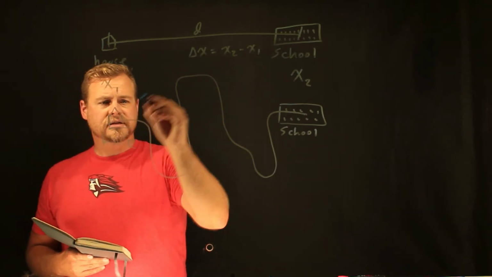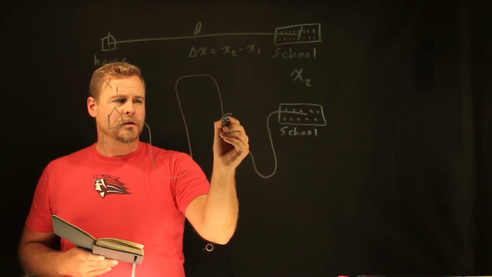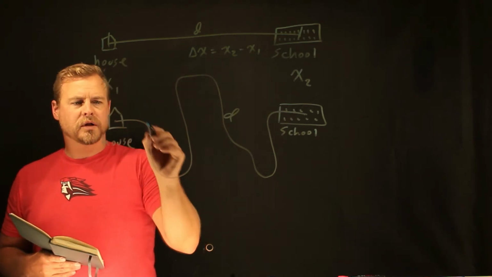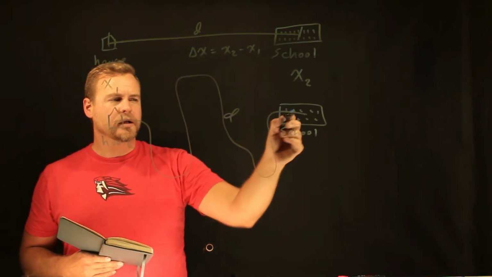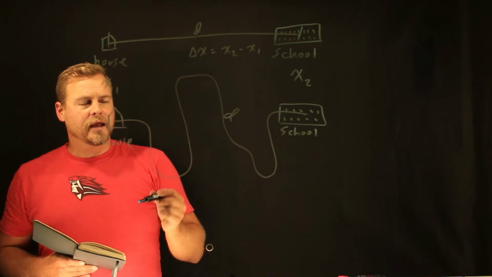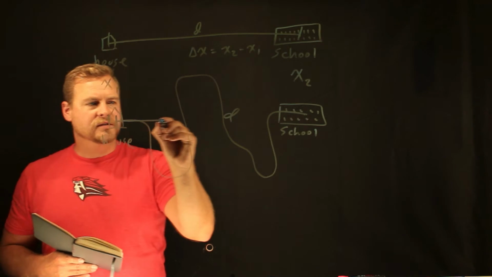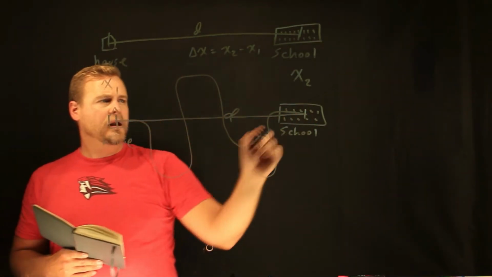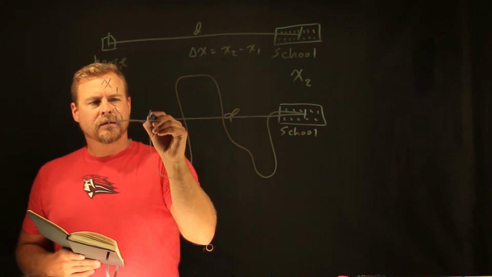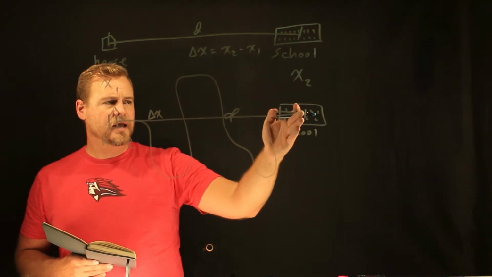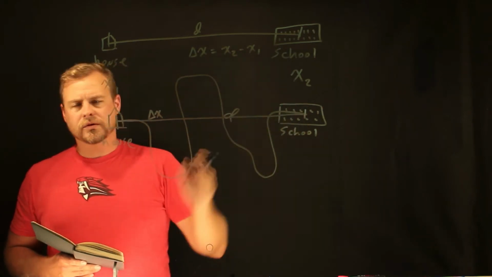Now, this D is the path I traveled, that's the distance. And I put a lot of miles on my little pedal bike getting to school if I took this very circuitous route. And that's different than the displacement, because I'm still at position 1 here, and I'm still at position 2 here. This displacement didn't change because it's based on the straight line distance between those two objects.